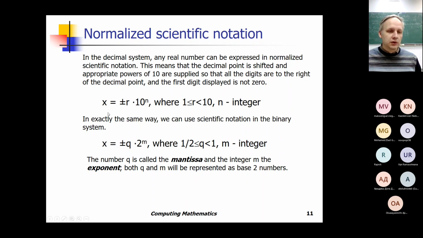So using this form of notation, I can write in a short form very large numbers when n is large, and very small numbers when n is a negative number. And exactly the same for binary numbers. This coefficient is called mantissa, and the power is called exponential part. Even in binary, we use 2 power m, not 10 power m.